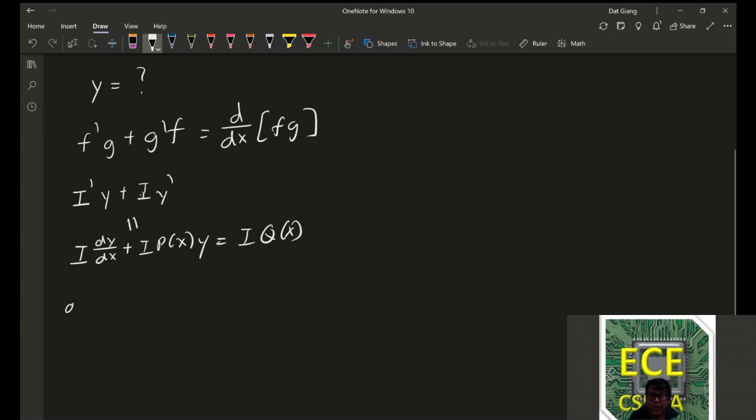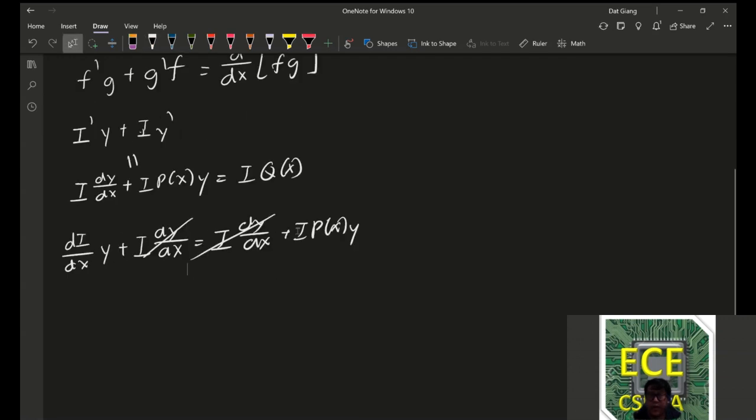So we have dI/dx y plus I dy/dx equal to I dy/dx plus I p of x y. Notice this part we can cancel out, and we can solve for I directly. Notice that this is just a separable differential equation.